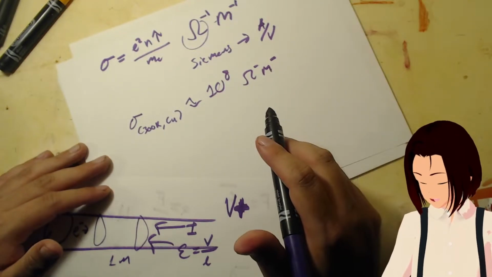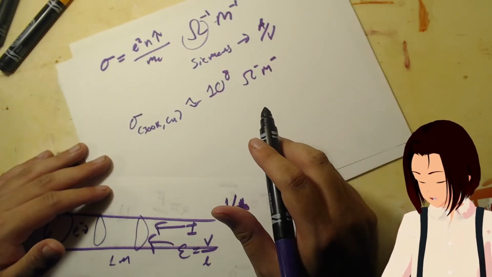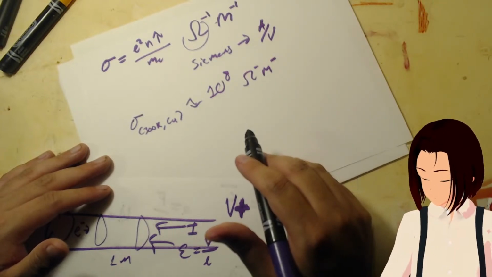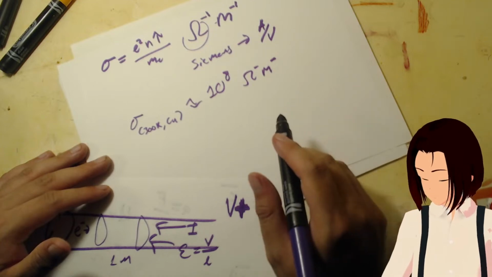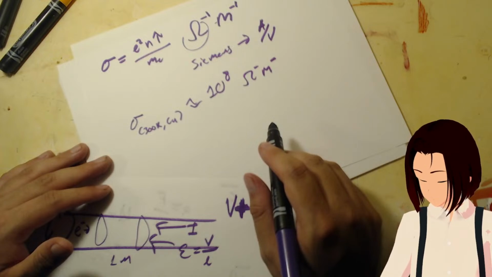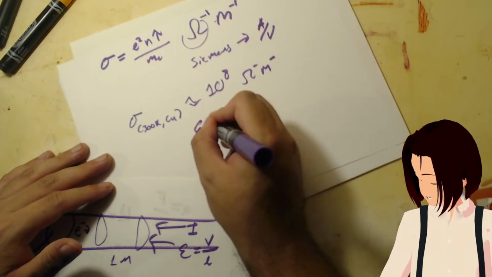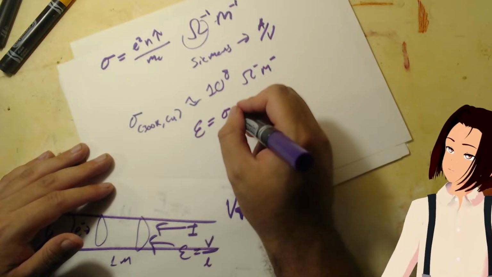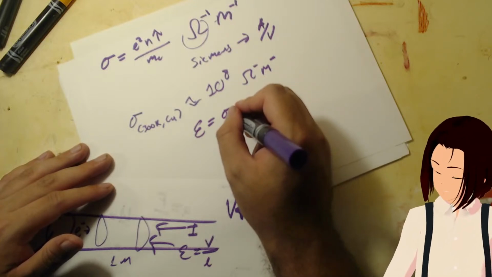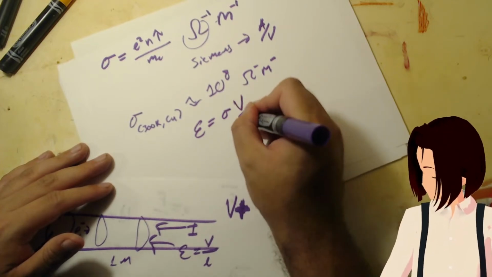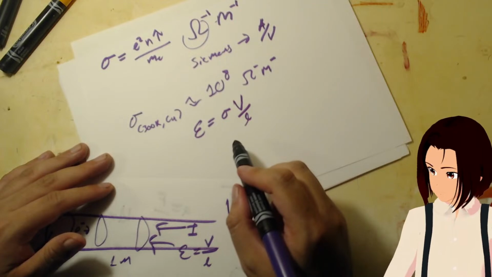One thing we can write is that conductivity has something to do with electric fields.